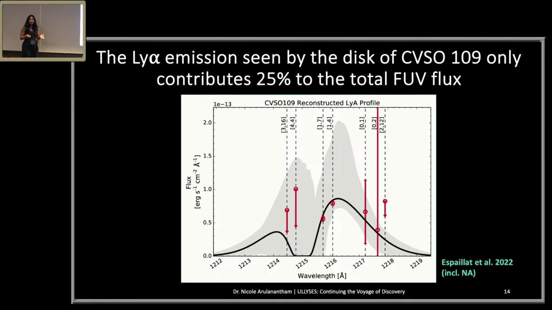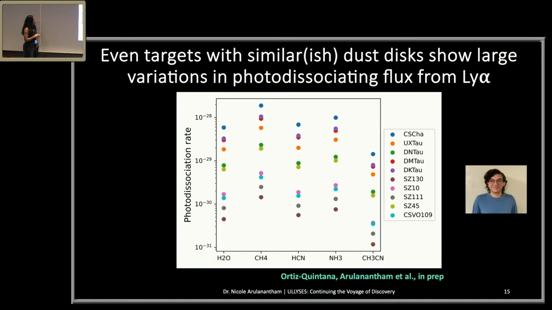So to think about the other molecules, my student Carlos Ortiz took all of those Ulysses disks, with blue-shifted Lyman alpha, all dust cavities. He reconstructed the Lyman alpha line profile. The idea was to zoom in on one population with similar dust. He wanted to see what the Lyman alpha was doing.